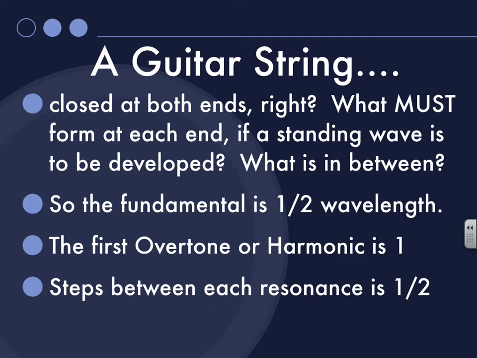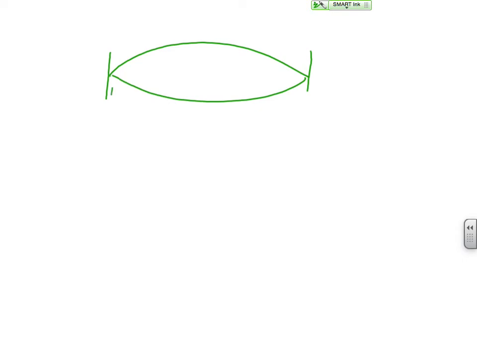Yeah, I think you'll be able to see that. No, you won't. Never mind. So we'll just switch to here. If we have our guitar string, if it's clamped down at both ends, then we have to have a node at each end, and we have to have an antinode in the middle.